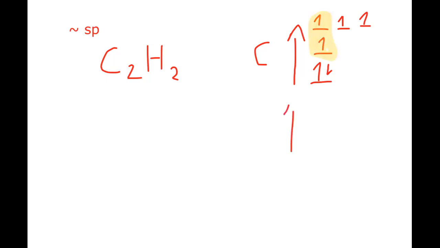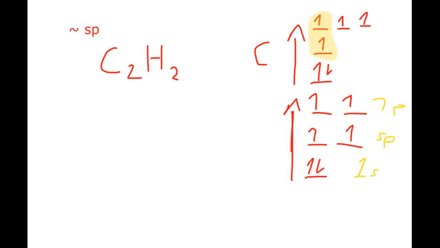So now carbon's configuration will be 1s2, and then there are two sp orbitals and then two p orbitals. So this is 1s, this is sp, and this is 2p. So sp is an intermediate energy level between 2s and 2p.